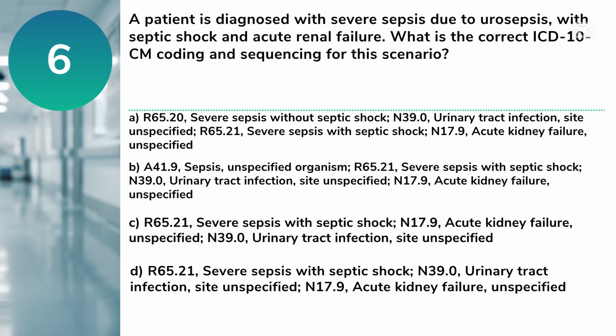A patient is diagnosed with severe sepsis due to urosepsis, with septic shock and acute renal failure. What is the correct ICD-10-CM coding and sequencing for this scenario? A. R65.20, severe sepsis without septic shock, N39.0, urinary tract infection, site unspecified, R65.21, severe sepsis with septic shock, N17.9, acute kidney failure, unspecified.